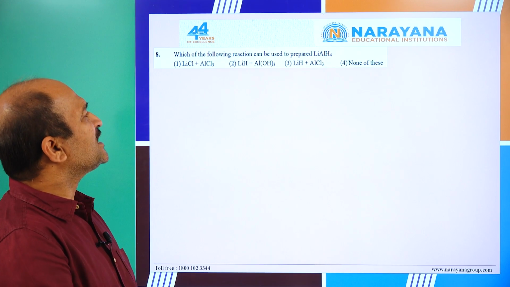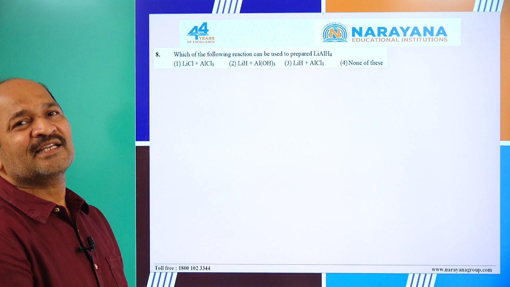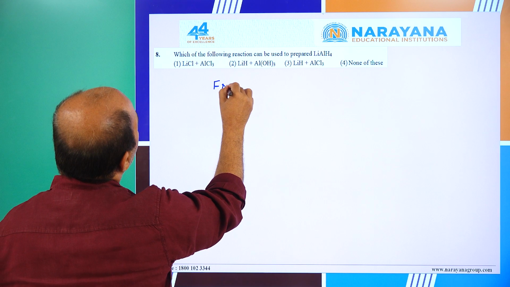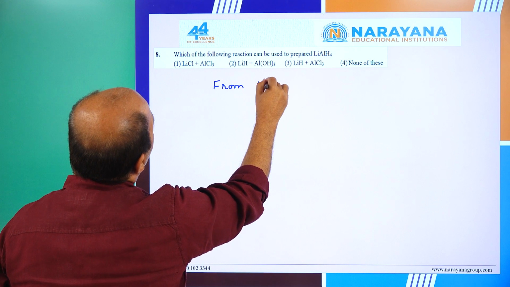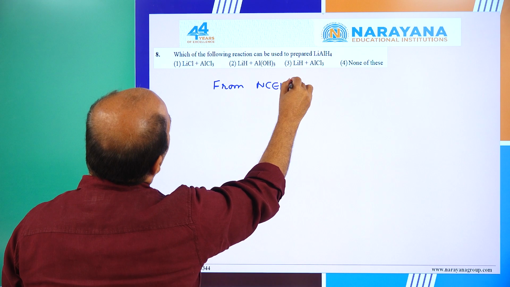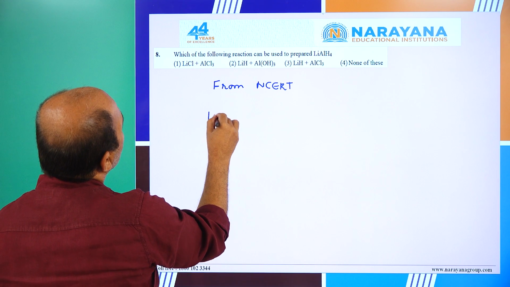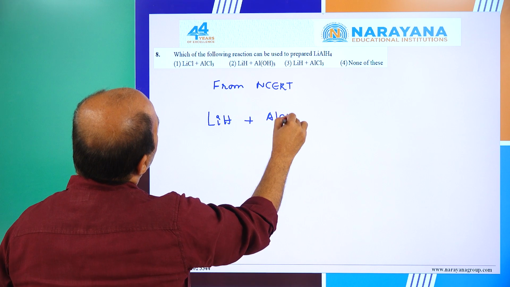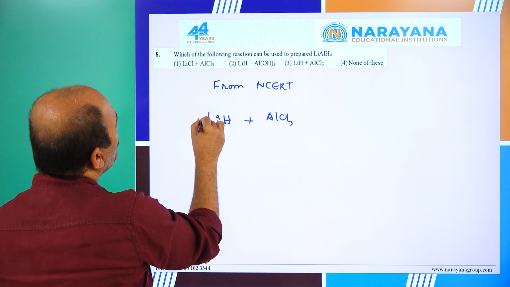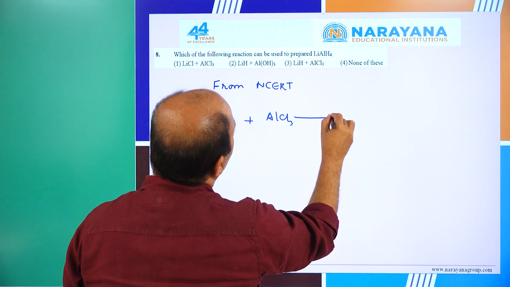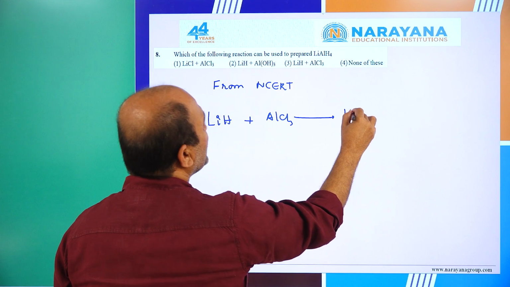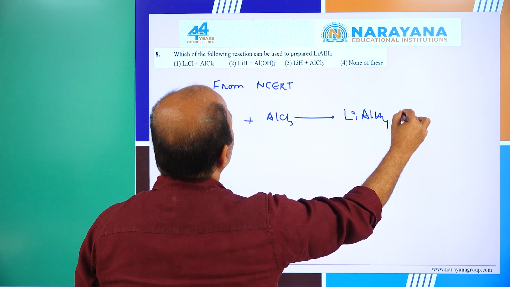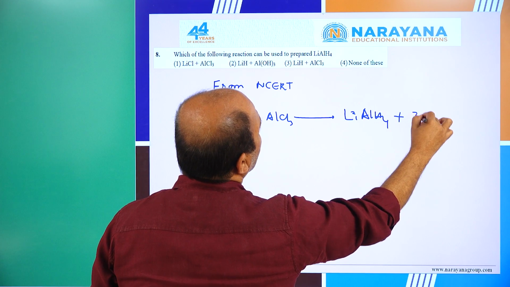Which of the following reactions can be used to prepare LiAlH4? It is a direct question from NCERT. 4 moles of LiH plus AlCl3 leads to the formation of LiAlH4 plus 3 LiCl.